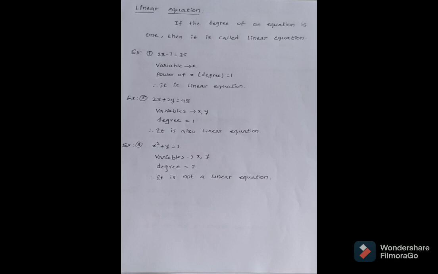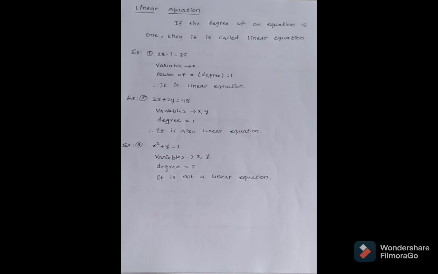For example, let us see. Example 1. 2x minus 7 equals 35. Here the variable is x. The power of x is 1. That is the degree.